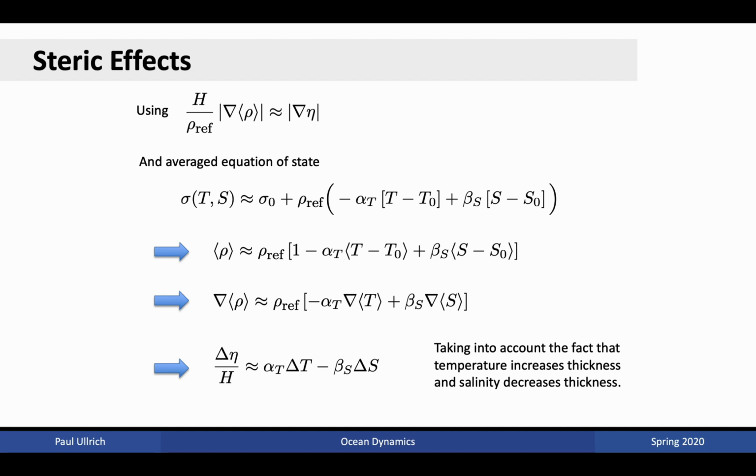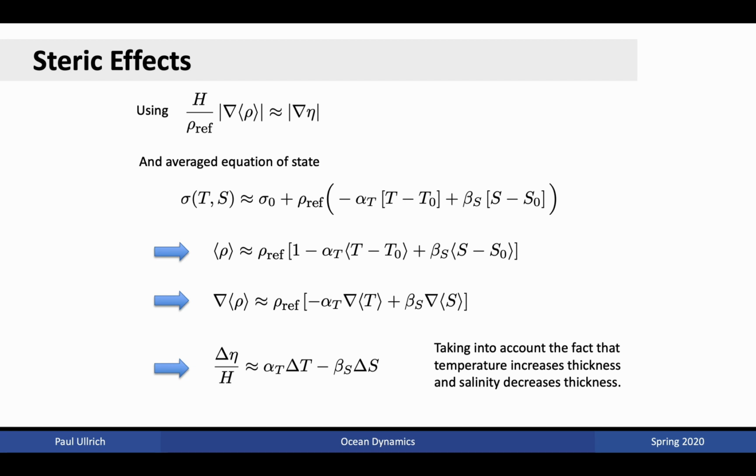In order to assess this steric effect, we can use our expression for relating the horizontal variation in the mean layer density to the horizontal variation in the free surface height. Using our averaged equation of state, we can plug in the expression for the horizontal variations in the mean layer density and then decompose the magnitude of this term into variations due to both temperature and salinity.